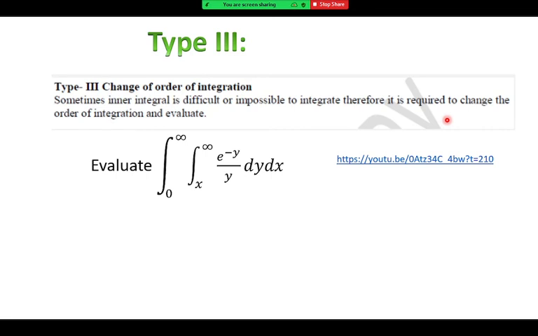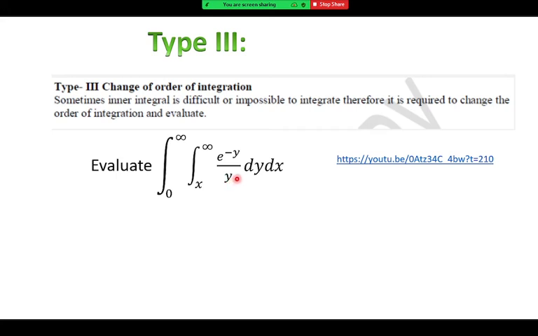Can you evaluate this integral with respect to y? This integration is impossible to evaluate. You cannot integrate with y as it is, because this integration will go on continuously and will never end by parts or any other method. You can't evaluate it. Got it?